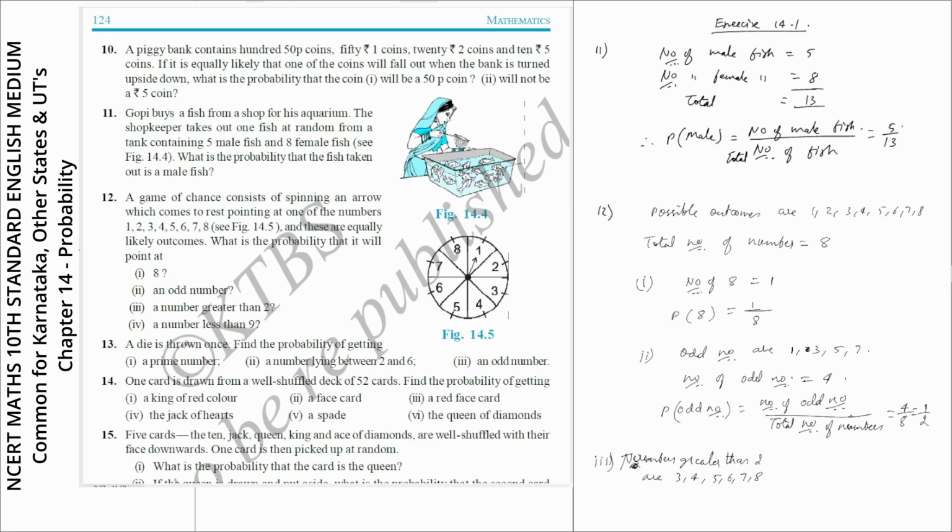Therefore, the number of numbers greater than 2 is 6.